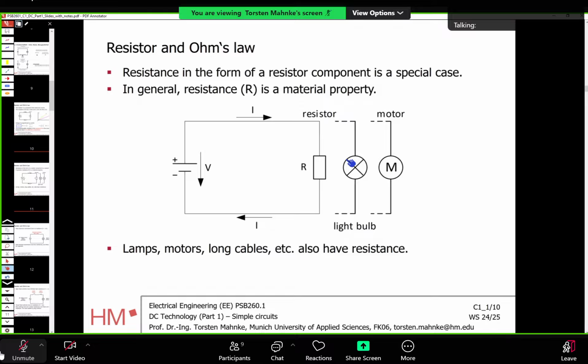A motor has an inner resistance because there's a huge coil, kind of a transformer in there, or even several coils, and a coil is a long, long wire. This wire has a resistance.